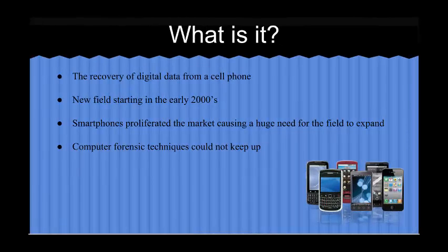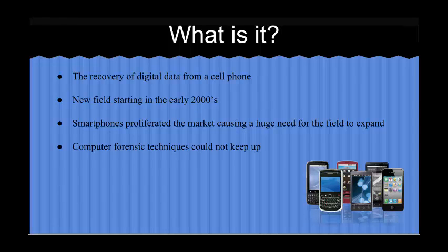So what is cell phone forensics? Cell phone forensics is defined as the recovery of digital evidence from a cell phone or mobile device. And the field itself is fairly new, starting in the early 2000s, and it really gained prominence when smartphones started hitting the market. However, initially, computer forensic techniques were not able to keep up with the demand or the vastly changing technologies.